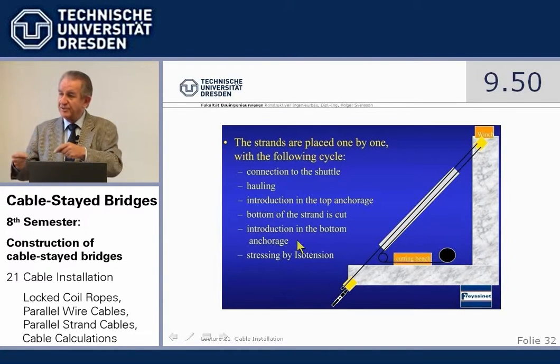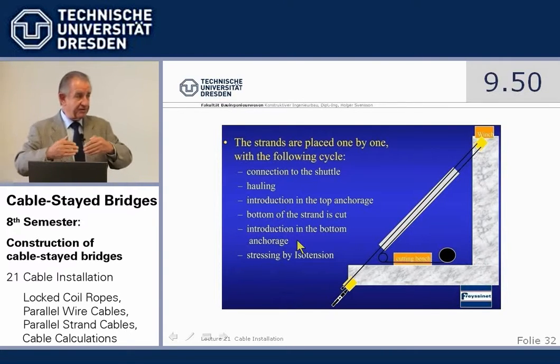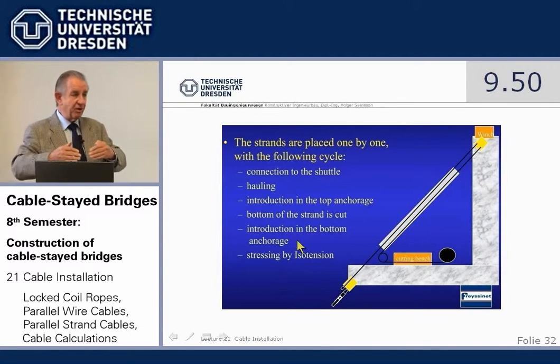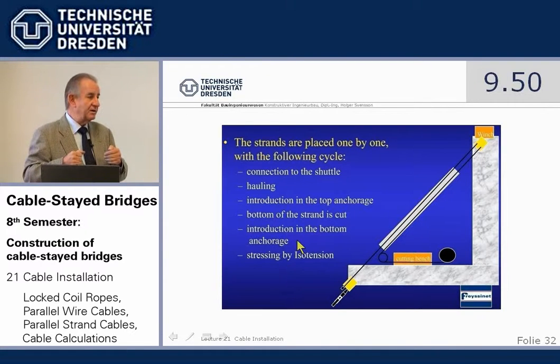Then you pull in the third strand, and you can measure the stresses in the first two, and the third strand must have the same stress. So you install the strands in such way that always all already installed strands have the same stress. And you go on and on and on until you have them all in.